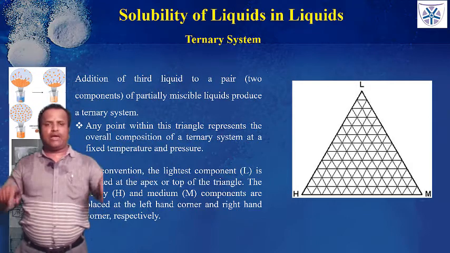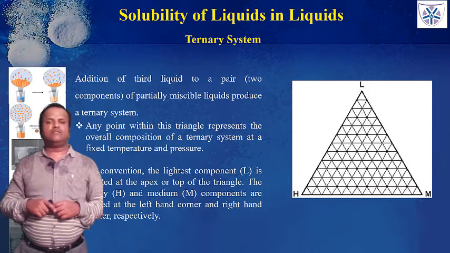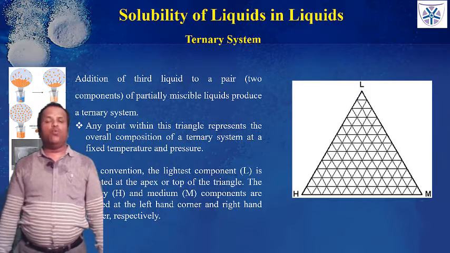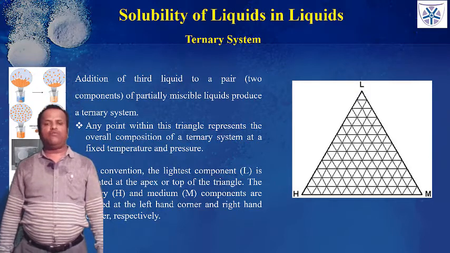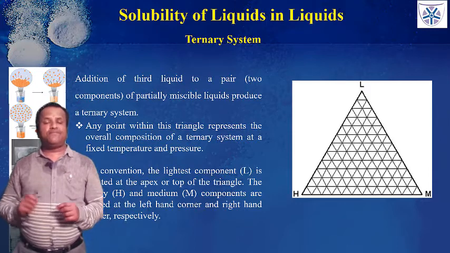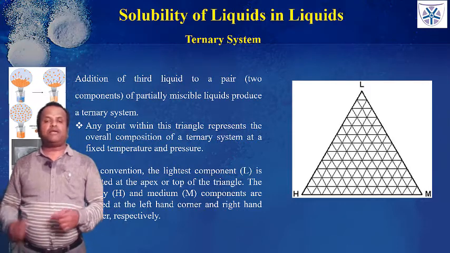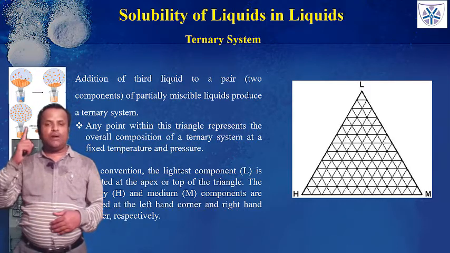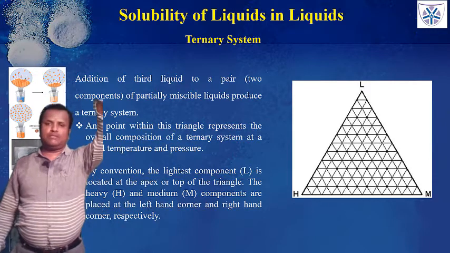Any point within this triangle represents the overall composition of a ternary system at a fixed temperature and pressure. By convention, the highest concentration of component L is located at the apex, that is, the top.